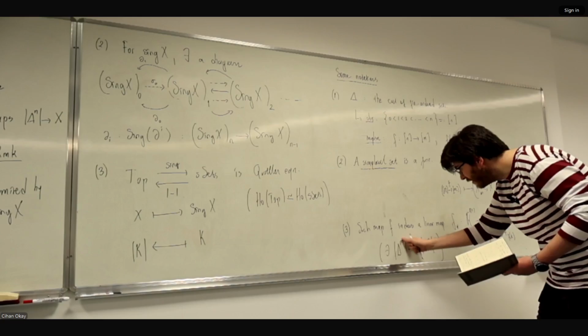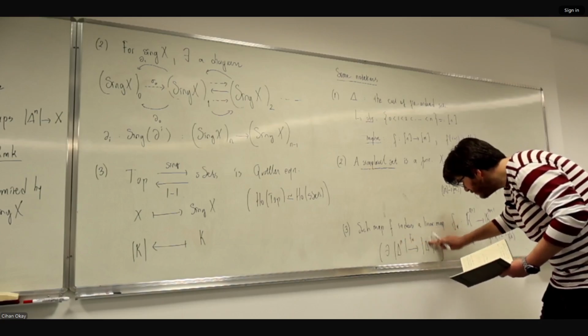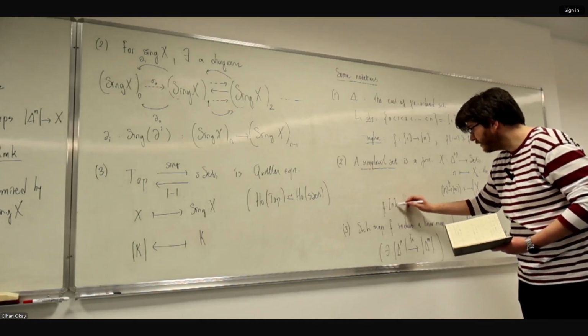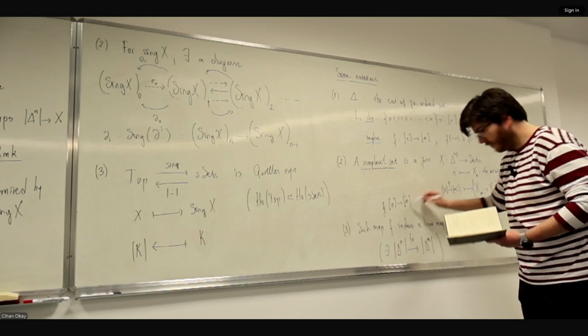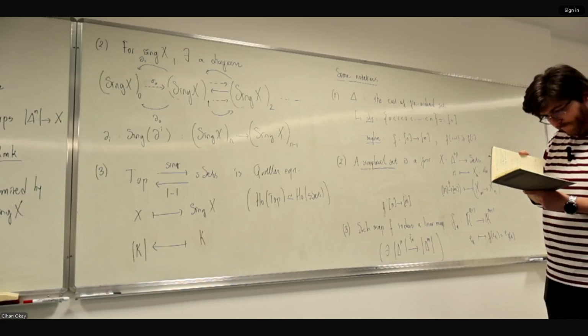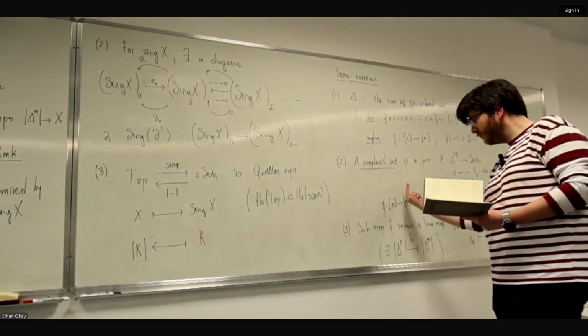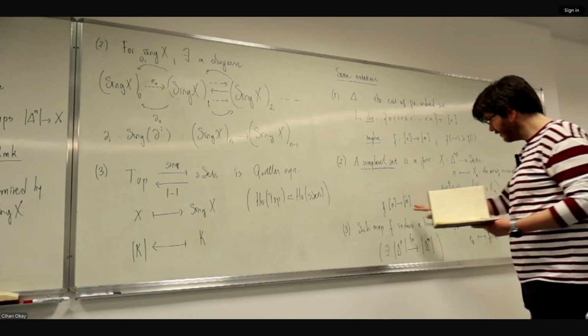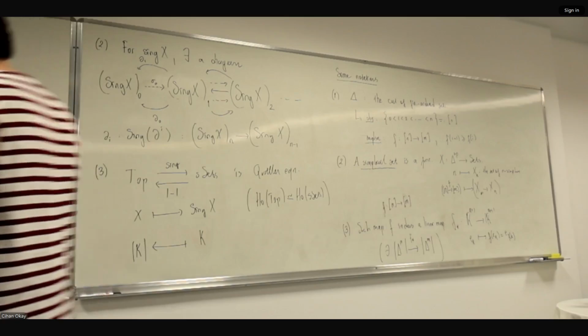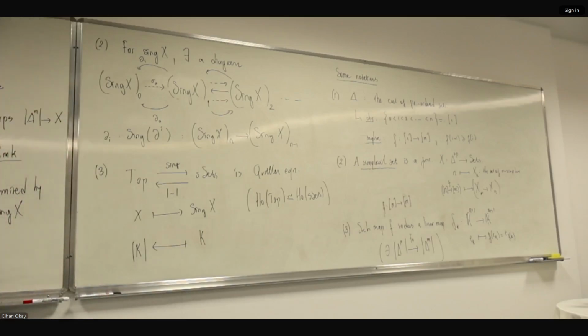Sorry, you're right. Here we are taking f like this, but I should be a little bit careful. In my notes, I chose the other way around, so this is the reason. So let's fix our notation. For such f, we have these induced maps.